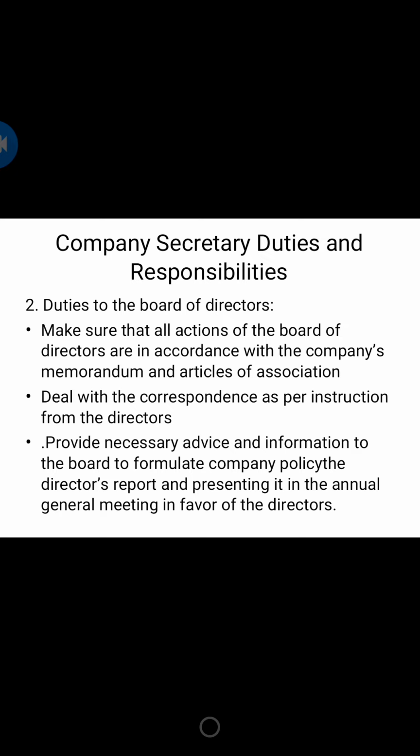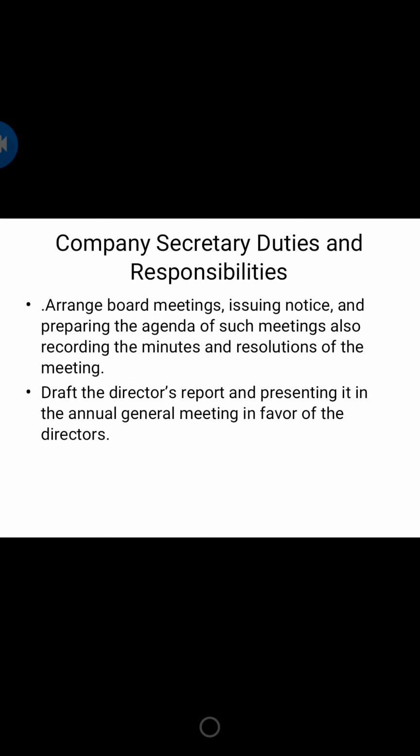The next, dealing with the correspondence as per the instructions from the directors. So what is correspondence?